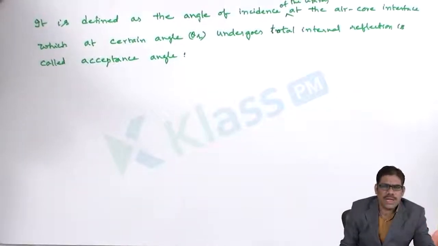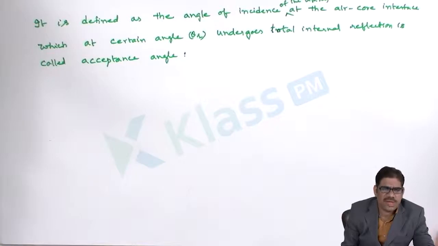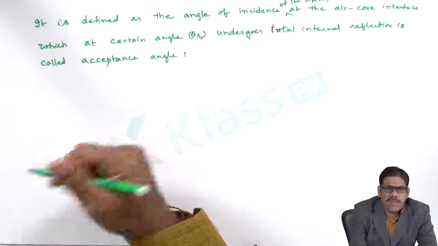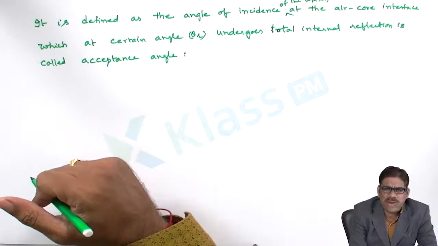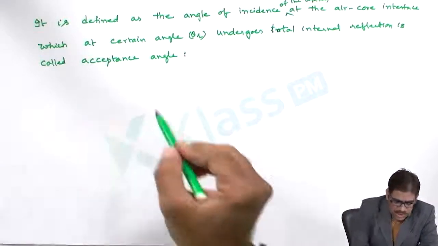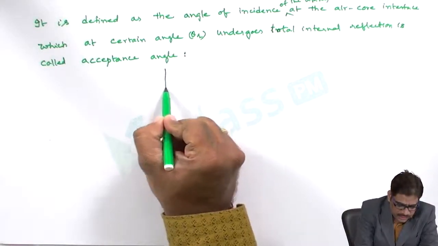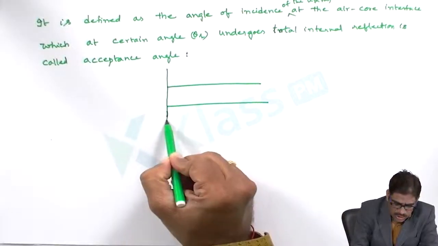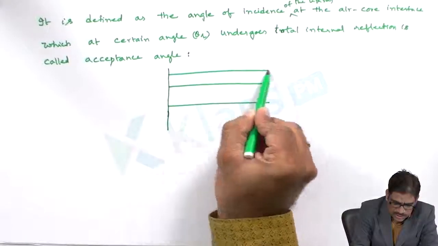Now let us derive certain conditions for this acceptance angle. In this condition, the main criterion is with reference to the refractive index. So here let us take it like this. This is your core. Okay. This is your cladding.